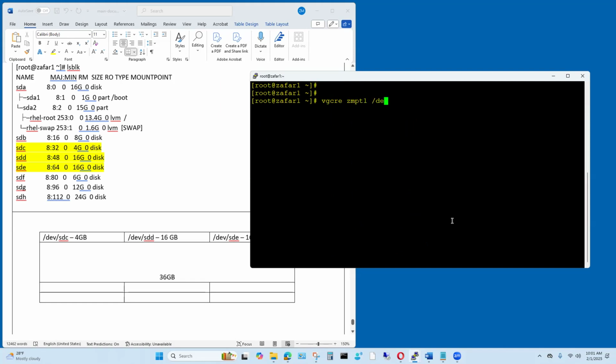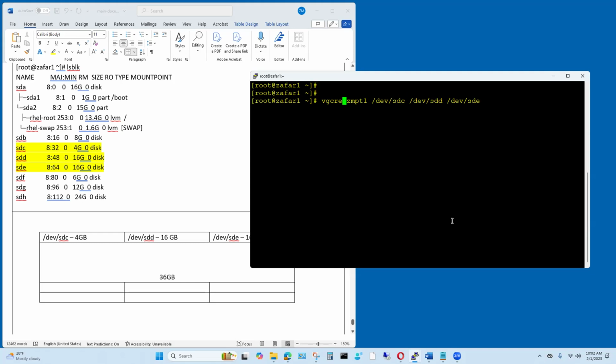Then what are we combining? We're combining /dev/sdc, then space /dev/sdd, then space /dev/sde.